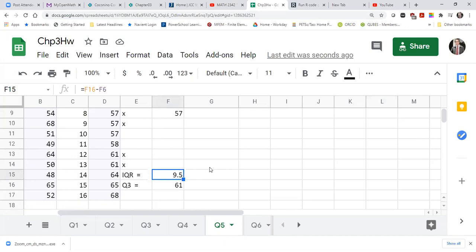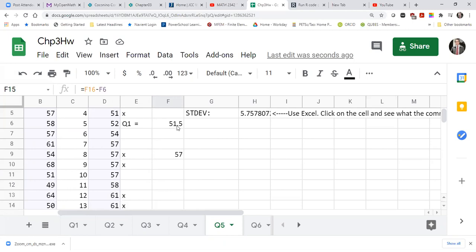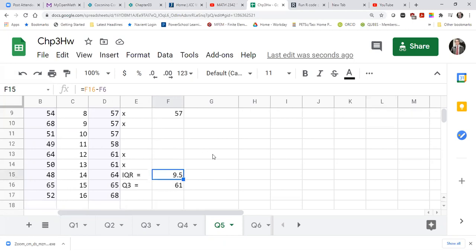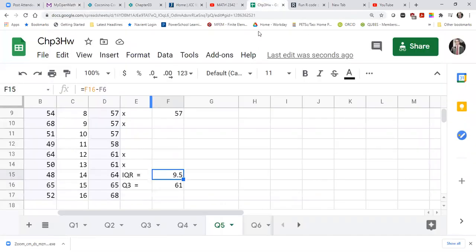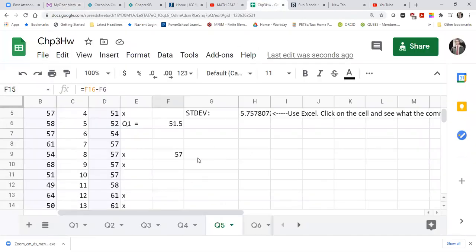So you subtract F16, which is this guy, with F6, which is this guy. It gives you 9.5. Let me put the answer here. So the median, remember what the median is here? 57.